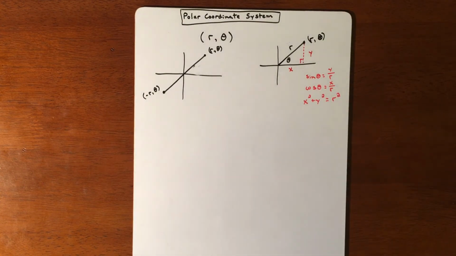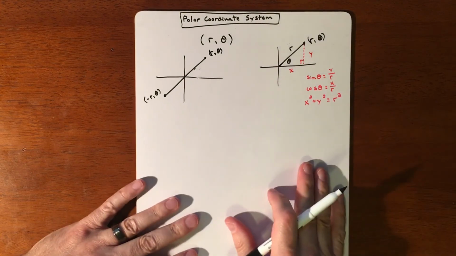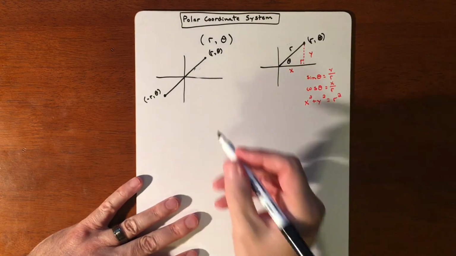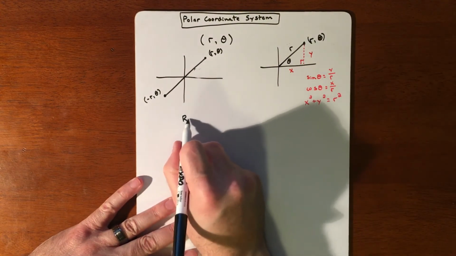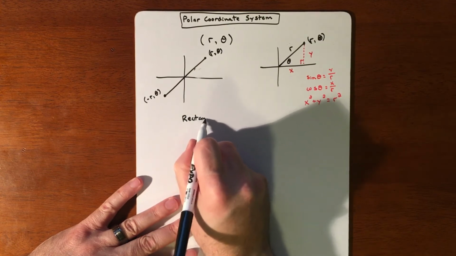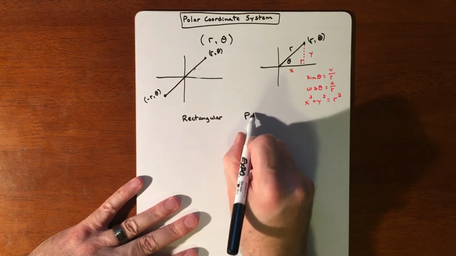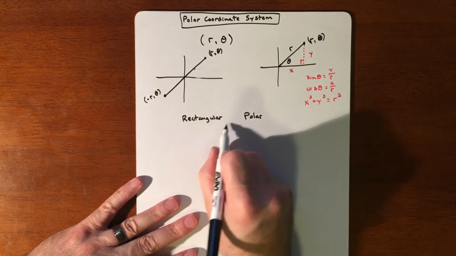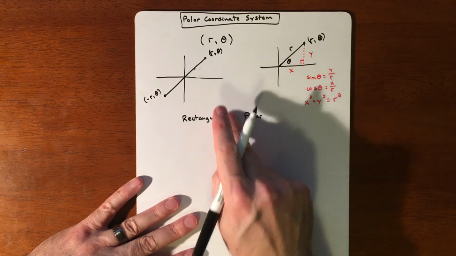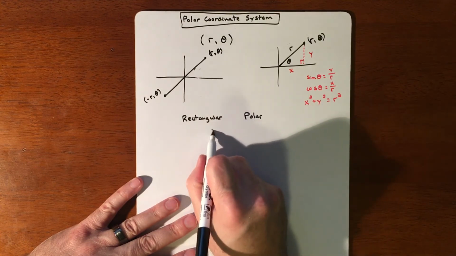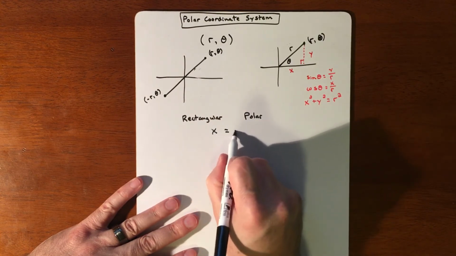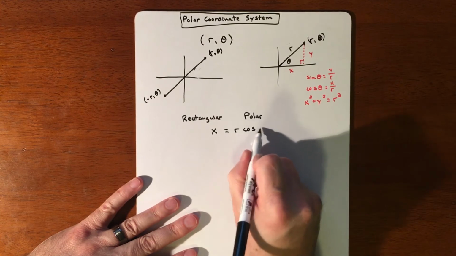And so here are some connections between the two, rectangular and polar. It's that x equals r cosine theta.